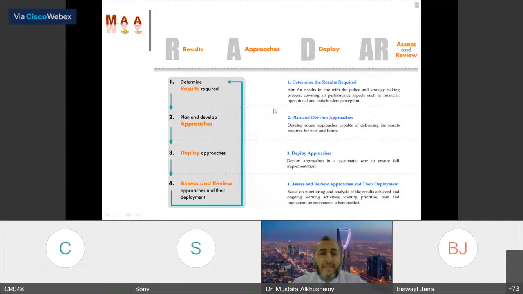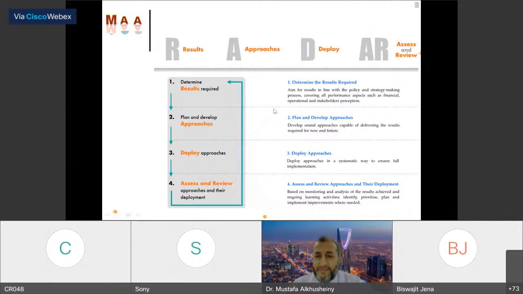R stands for results, determine the results required. A stands for approach, plan and develop the approach. D stands for deploy that approach. And A stands for assess, and R for review, assessing and reviewing the approach and its deployment.